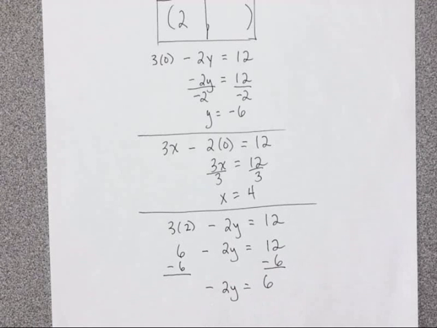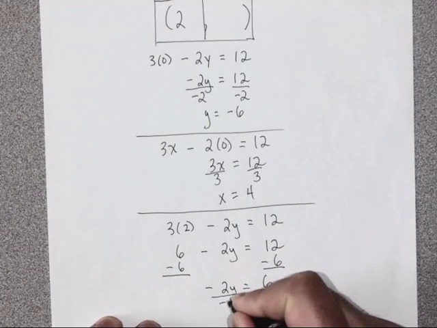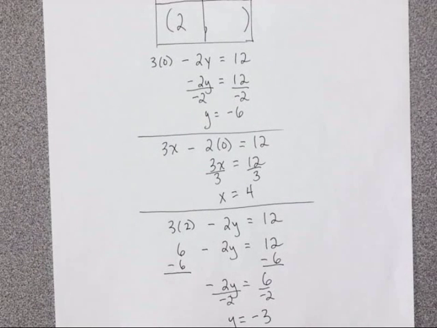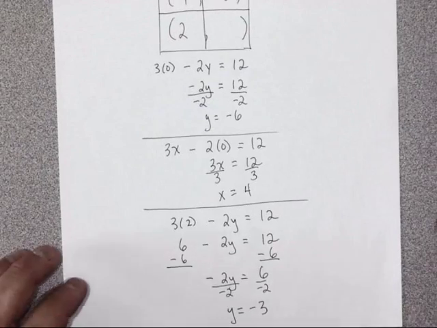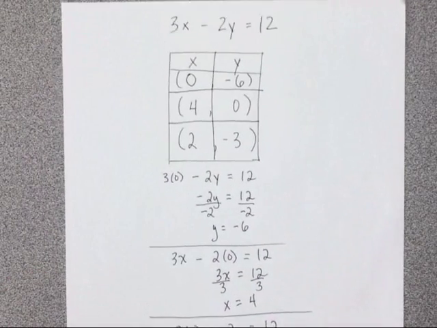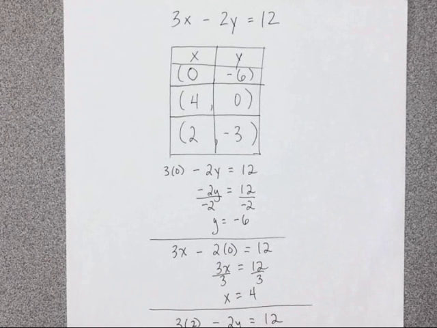And that's the case. I knew that obviously 2 is going to divide into any even number, so as long as this was even over here, I'll be okay. So negative 6 divided by negative 2, sorry, and we get negative 3. So we know that the point 2, negative 3 is going to be on the graph of this equation.